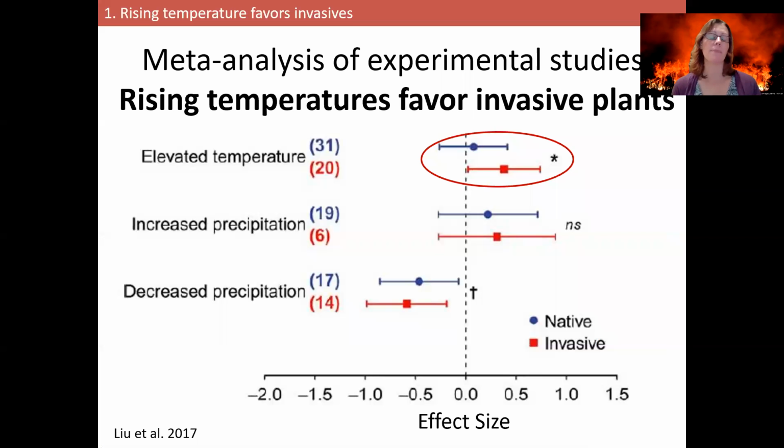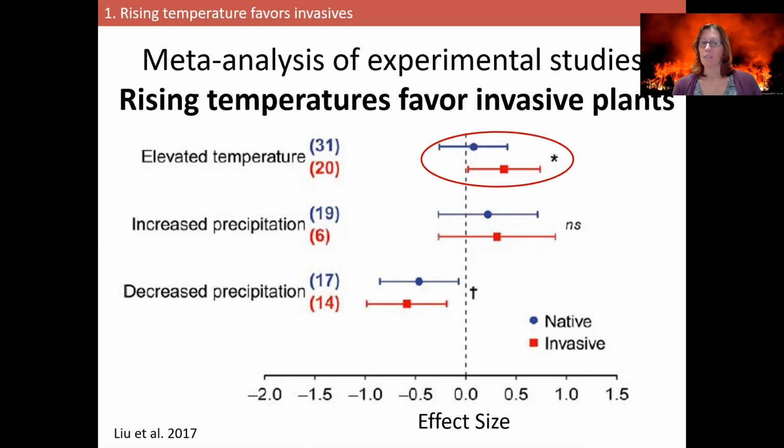That means they did better. In comparison, the native plants did about the same. So you can see that error bar fully crosses the 0 line. So, it's not significantly different from no response. And there is a significant difference between your invasive and your native plants. So as you get warmer, your invasive plants are favored.